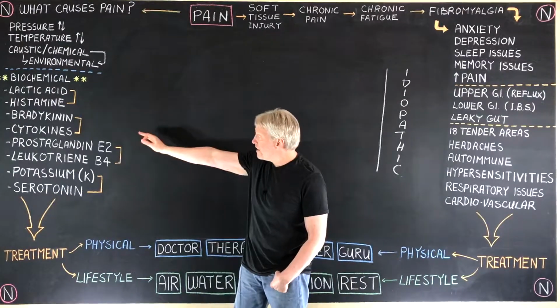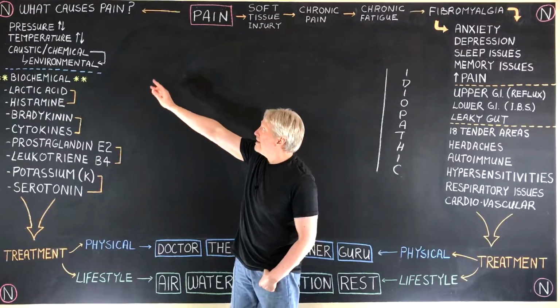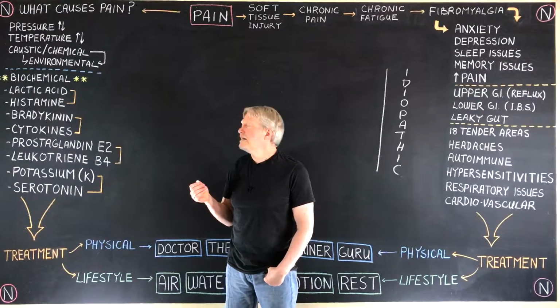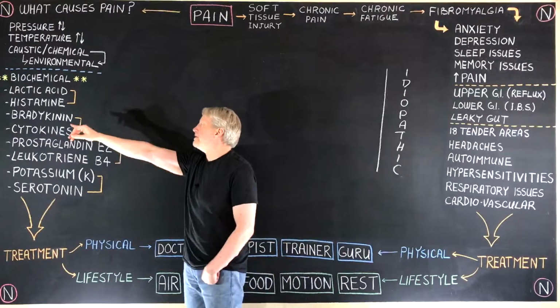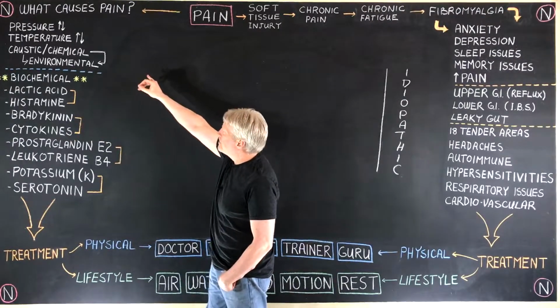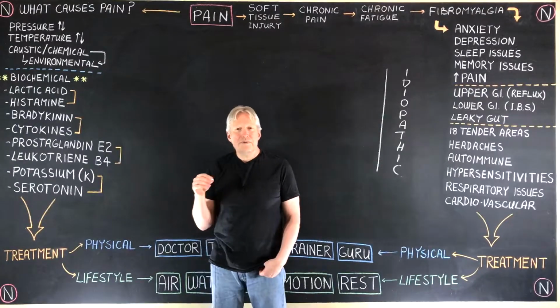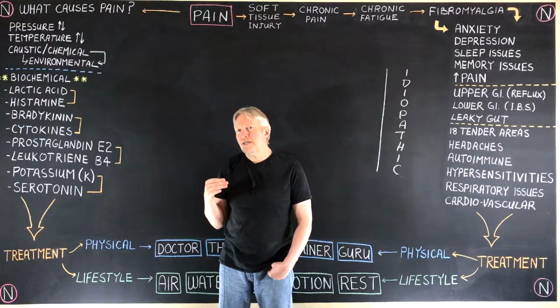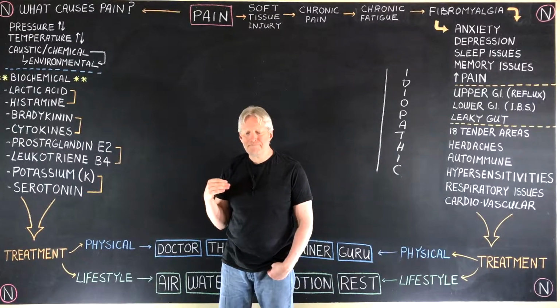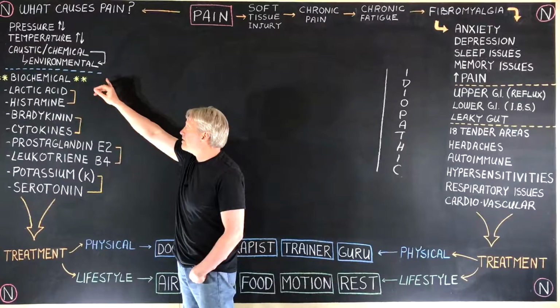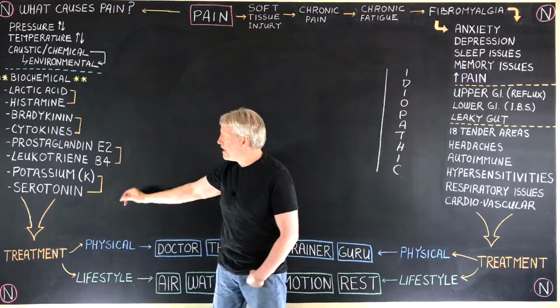When we get to this side of the board, what we want to answer is what causes pain? What do we know causes pain? Simple things, right? So everybody knows extremes of pressure and temperature, caustic, chemical, environmental things cause pain. But whenever we're in a chronic pain state, a lot of it is sort of biochemical in nature, right? So we have biochemical mediators of pain, and we've listed 8 here.